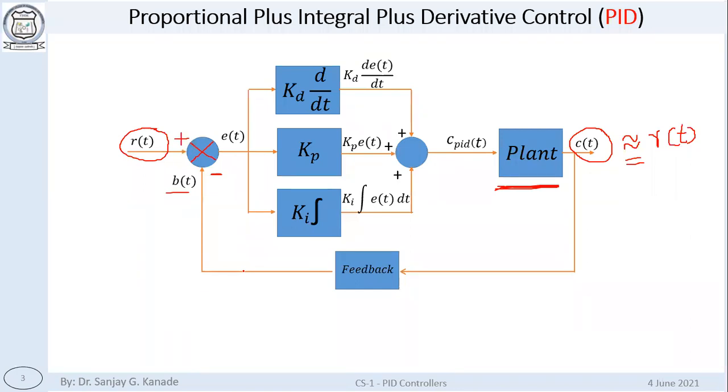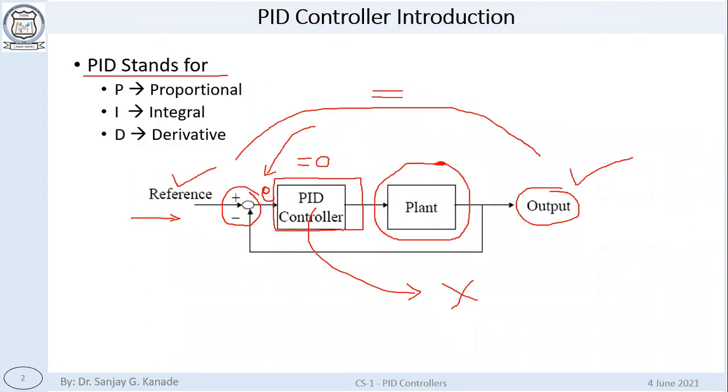The difference is the error signal that we get here, right? Now this error signal is given to the controller. I have shown you in the earlier diagram that the error signal is given to the PID controller block.